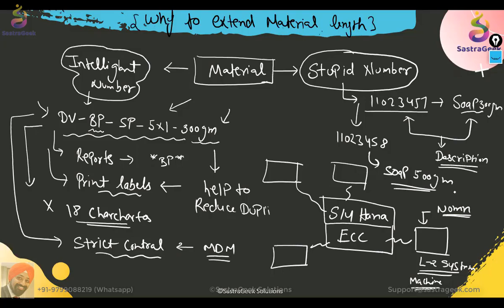So their material number went up to 24 characters. They had a standard for the steel industry with materials up to 24 characters, but SAP supports only 18 characters. So we faced a lot of challenges there. Finally, to do the interface between both, we ended up creating a mapping table, where the 18-character ECC number is mapped with the 24-character number of the level 2 machine.